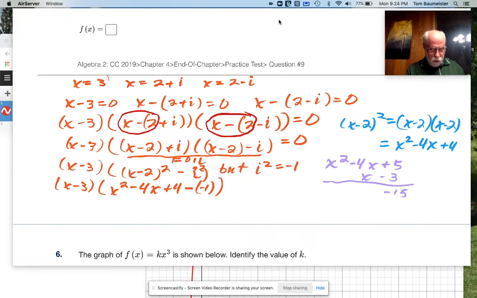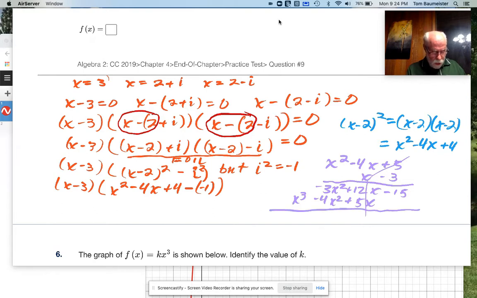I'll have negative 3 times negative 4x, which is plus 12x. I'll have negative 3 times x squared, which will be negative 3x squared. Again, remember I should take this one here and it should go down there. So 5 times x is 5x, and that one's positive. x times negative 4x is negative 4x squared. And then x times x squared is x cubed.